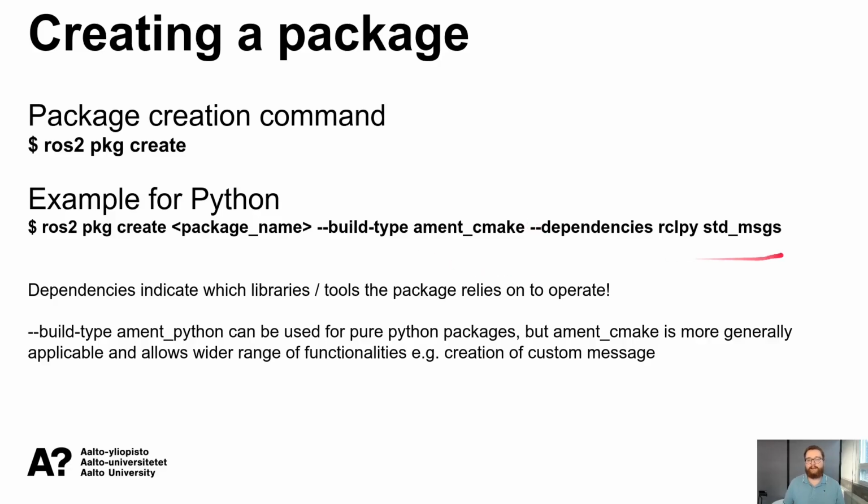Also, as a flag, you can give the dependencies that your package depends on. Here we are providing rclpy, which is the basic dependency that contains the Python libraries of ROS. So when you're using Python, you typically want to list this as a dependency, since it provides you the basic node and communication functionalities of ROS.